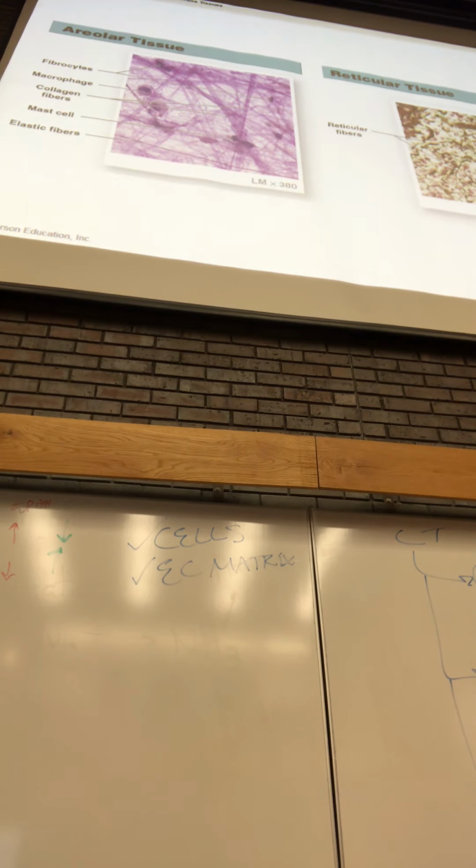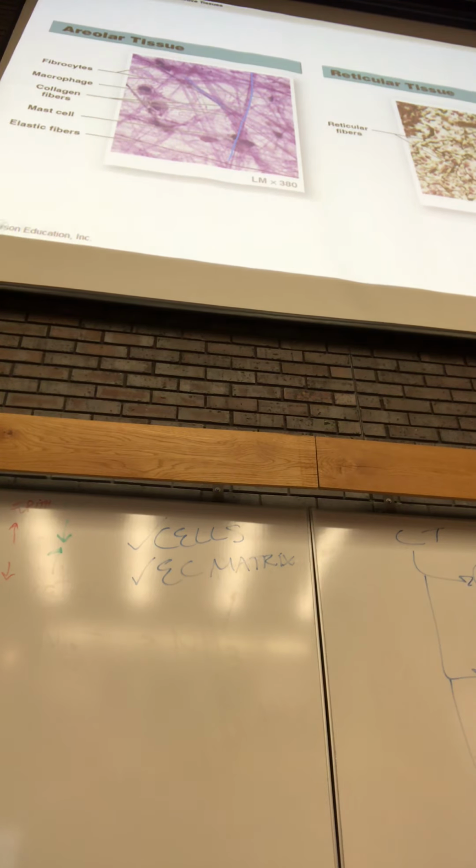Collagen fibers tend to be really thick, juicy, pink, like this and like this. Elastic fibers are thin, dark purple. And then these dark purple circles are cells.